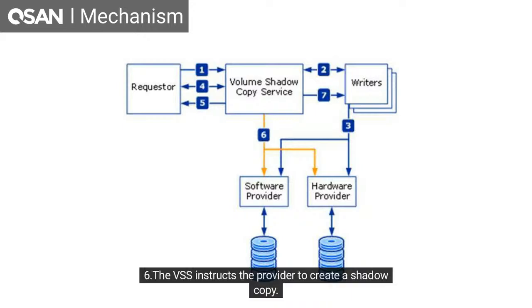The VSS instructs the provider to create a shadow copy, during which time all write I/O requests to the file system remain frozen. 7. The VSS relieves the file system of write I/O requirements. 8. VSS instructs the writer to unfreeze the application's write I/O requests. At this point, the application can continue writing data to the disk.